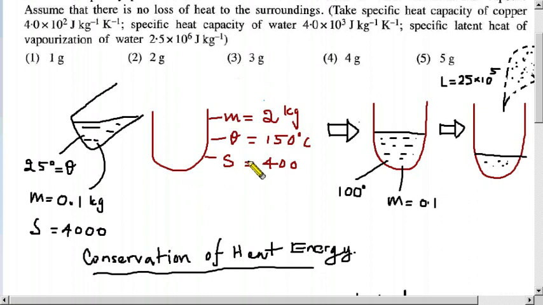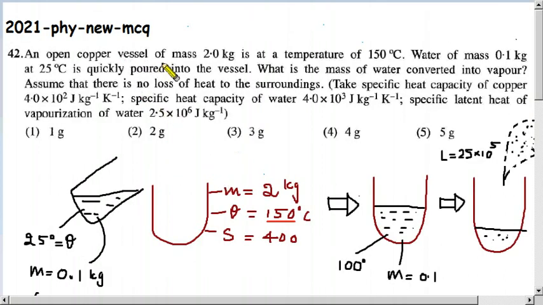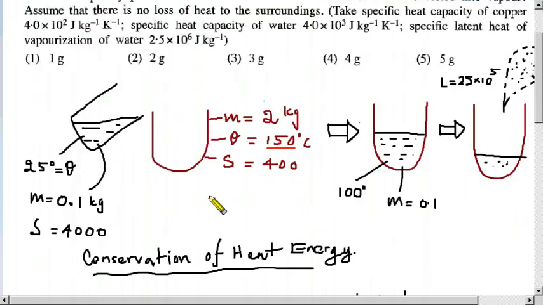In this case, this one is at 25 and this one is at 150. So the material, that means this jar, what they call the vessel, is the one which gives heat, because it is heated red hot, since it is over 100, so it is considerably heated up.